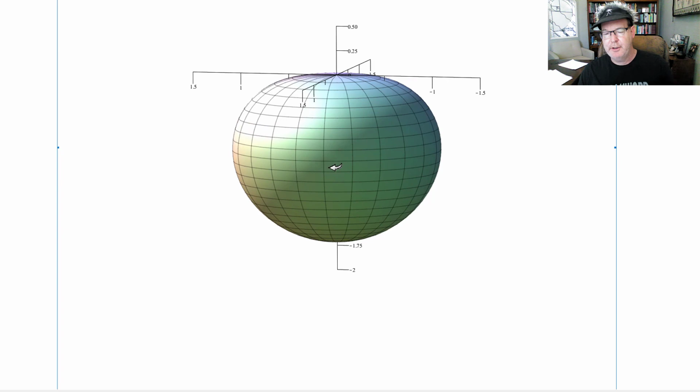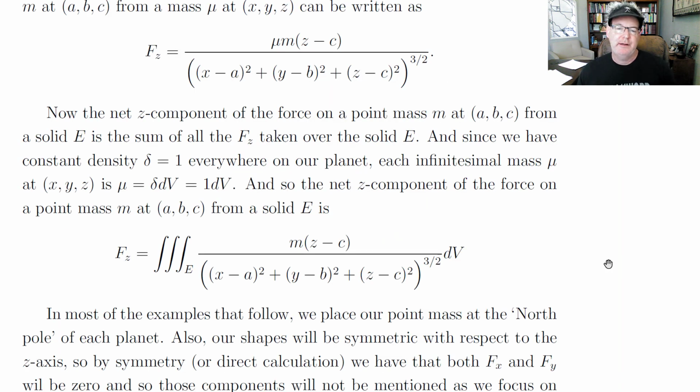All right, so now you know, given any solid in 3 space, if you want to know what the pull is of that solid, maybe it's a floating cone or some other oddball shape, if you can describe the shape and you know where you are, you can find the pull from the force of gravity that that shape will have on you. Note, finding the center of mass doesn't do any good except for the sphere.